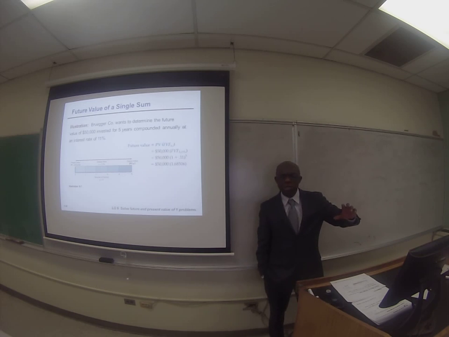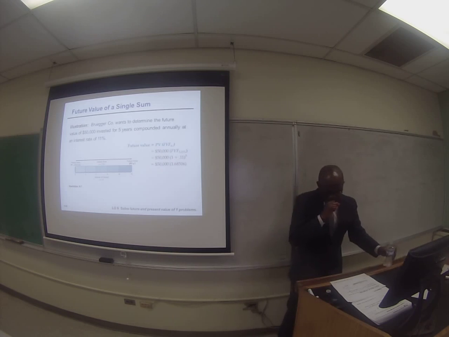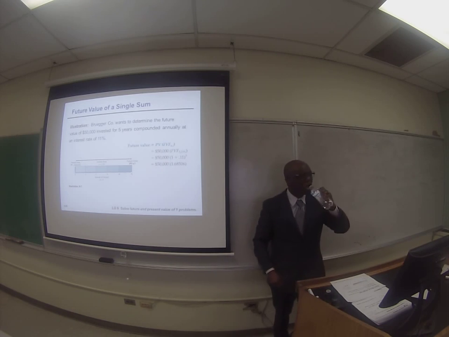What are we trying to determine? Future value. That is the unknown, future value. So whatever amount that we are talking about is present amount. So we need to calculate what this present amount is going to be in the future.